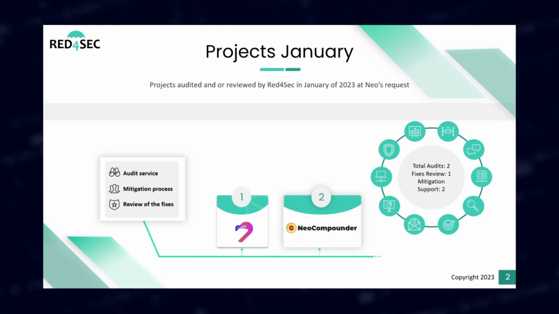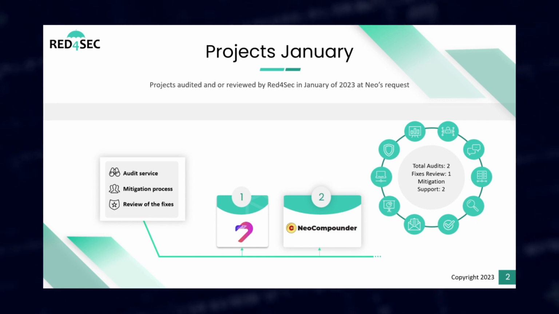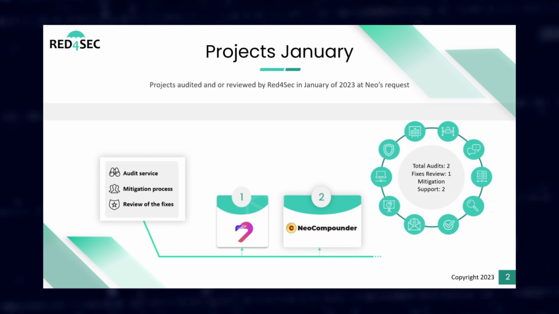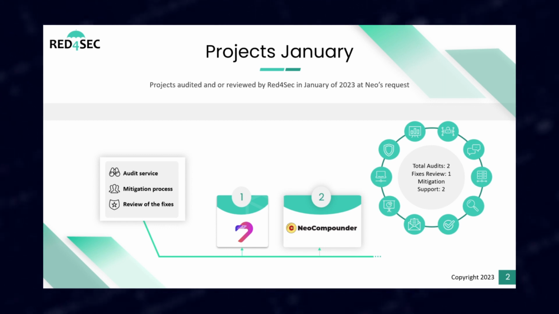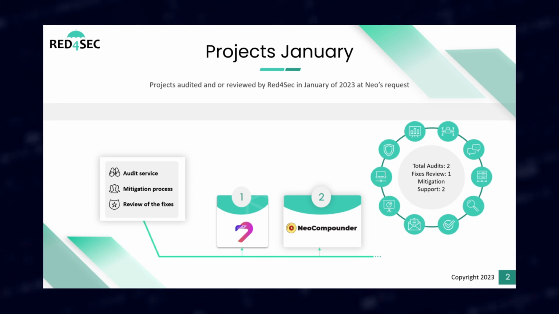We are working as well on the Neo Compounder audit, and coming up next we will have the review of the fixes, mitigation support, and delivery as well of the final report. Additionally, we are working on the audit of the FUSD staking contract, which is developed by Neo's team and scheduled to be delivered on the 10th of February.